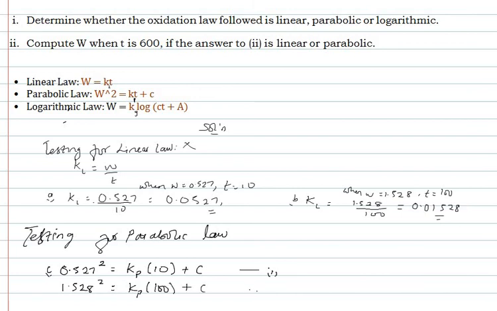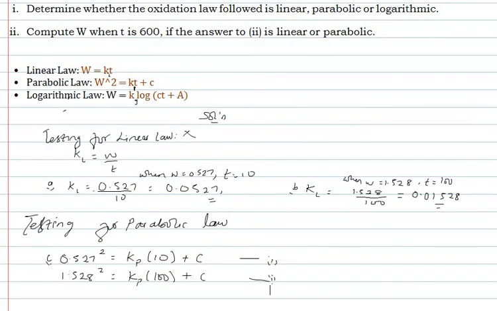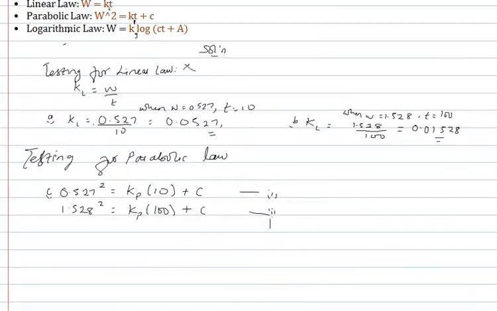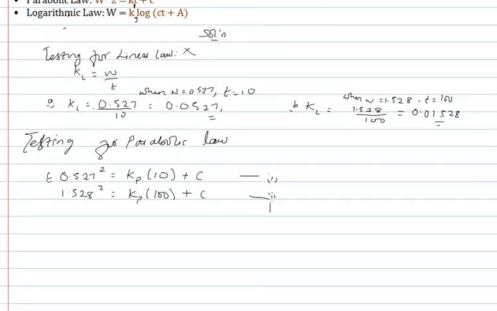So ideally, the way you will be able to determine whether your set of values follows parabolic law is, after calculating your Kp and your C simultaneously, you get values of Kp and C that will satisfy both these equations. Then you carry your values of Kp and C that you have calculated and substitute using the values of the third set that you didn't include in this calculation.